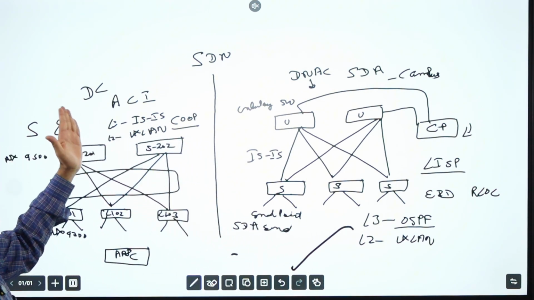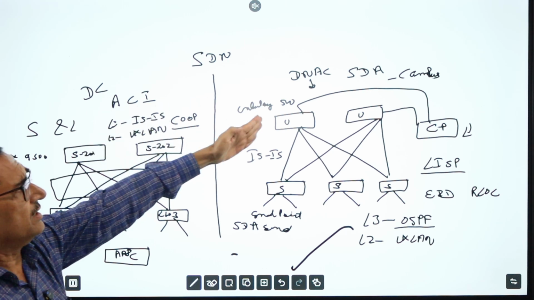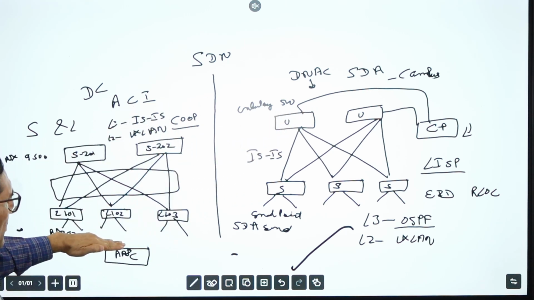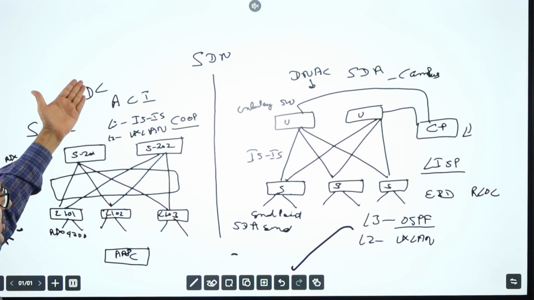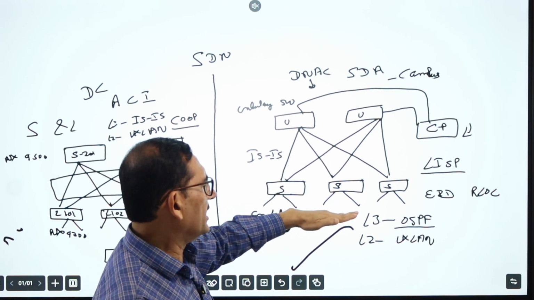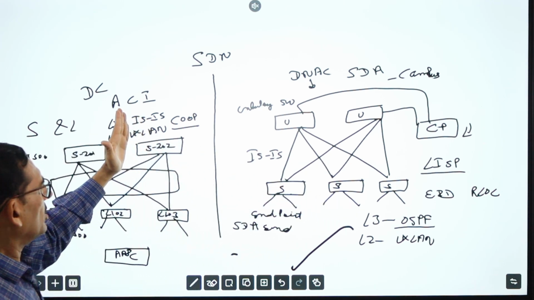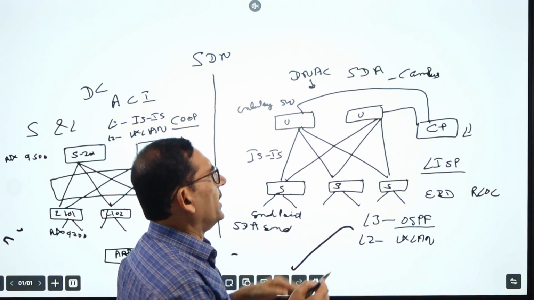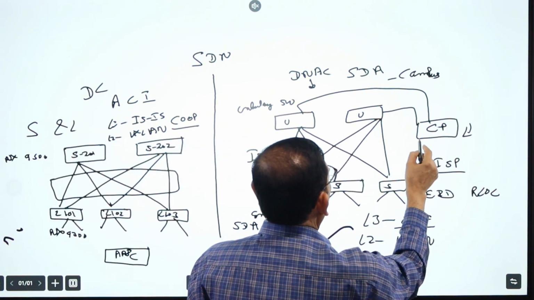So this is the thing. What we have is ACI for data center and DNAC for campus network. ACI recognizes our servers, which servers we are using for our data center functionality. In DNAC, we are recognizing endpoints. Certain protocols are fixed here. We have the flexibility. Here we have the design part. We can remove this underlay directly.